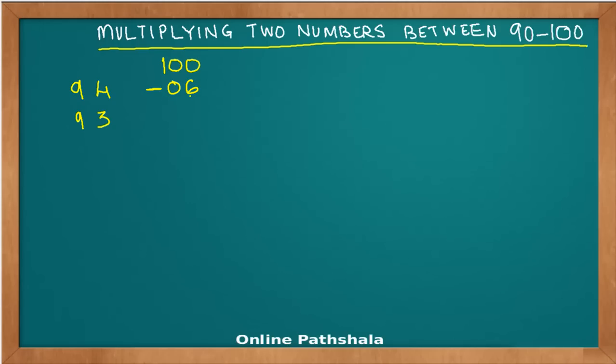Similarly, for the complement of 93, 9 minus 9 is 0, and 10 minus 3 is 7.